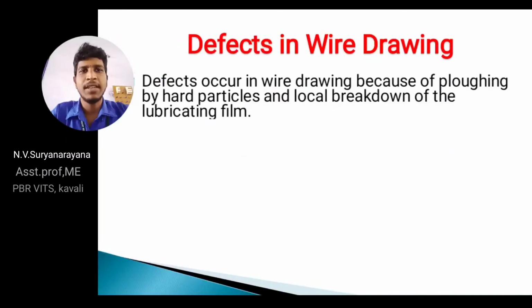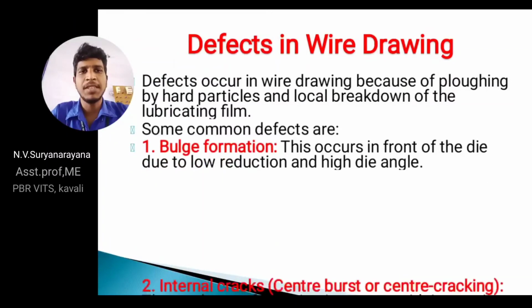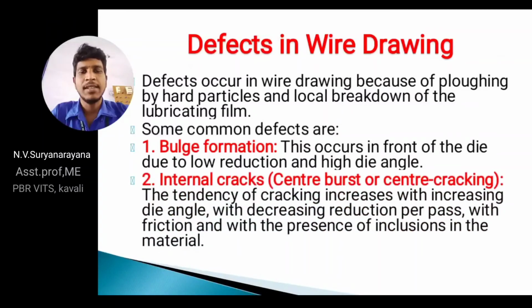Defects in wire drawing. Some common defects are bulge formation, internal cracks, seams and surface defects. First of all, bulge formation. This occurs in front of the die due to low reduction in material and high pressure angles, that means high die angles.